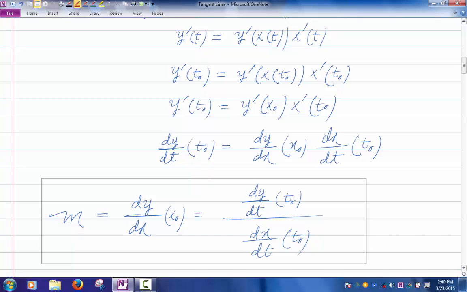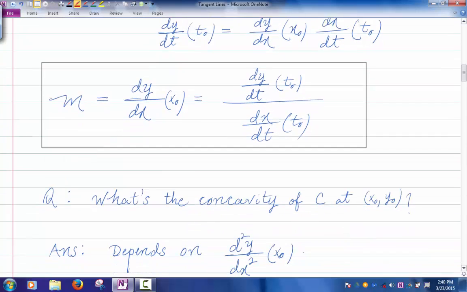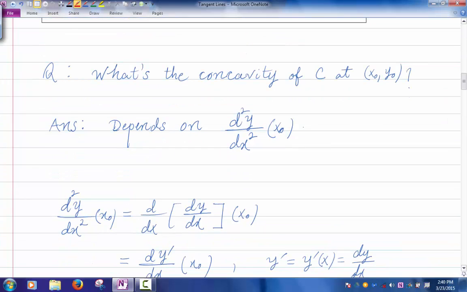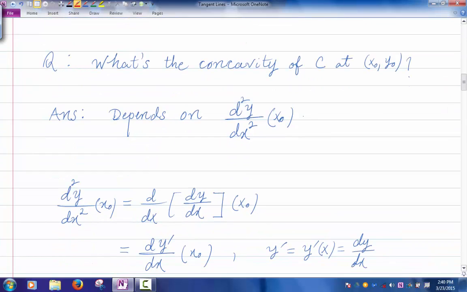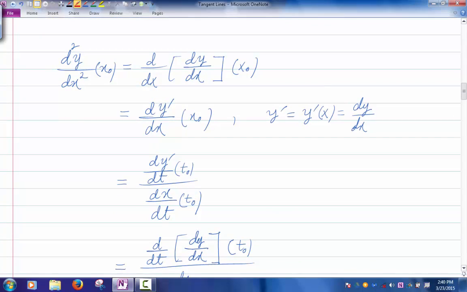Okay. Now, I have the slope formula here. Now, remember the concavity? The concavity would be given by the second derivative of y with respect to x evaluated at x naught. What would be the second derivative at x naught?